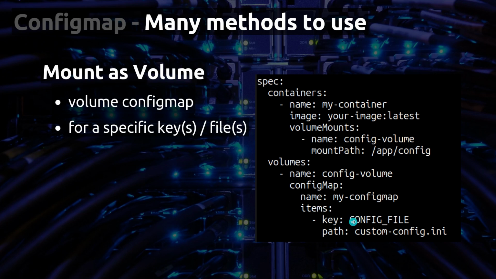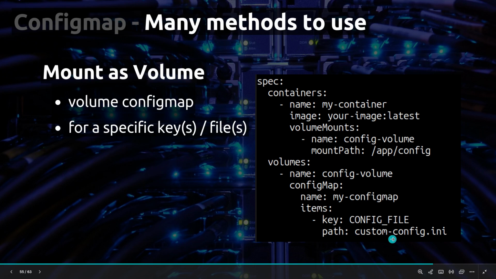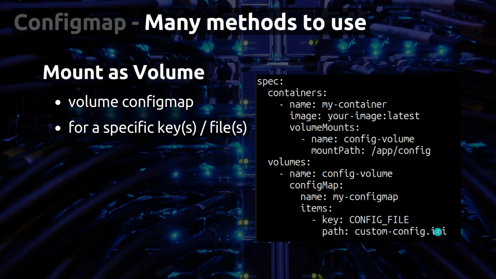And after that, you put the content of the key config file that you have inside your config map inside a path. And here our path is just a file name, custom-config.ini. And so the content of the config file key will be put inside the custom-config.ini and will be mounted inside our volume mount where we use config volume like that, and inside the mount path /app/config directory.